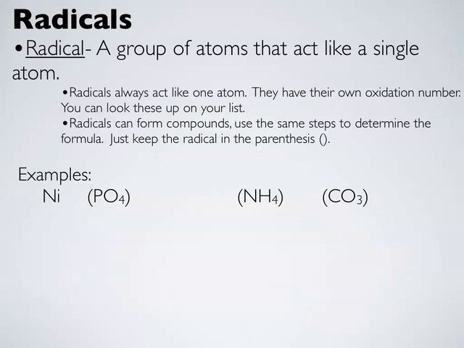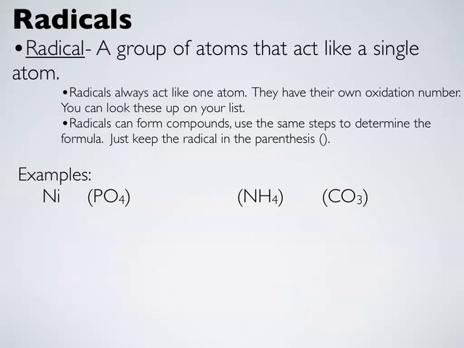Okay? And so you have a list of common radicals, and that chart also lists their oxidation number for you. You don't have to figure it out, it's listed for you. They have a positive or negative charge. So these radicals can combine with other elements or other radicals to form compounds, just like any other atom can, and that's what we're going to look at here.